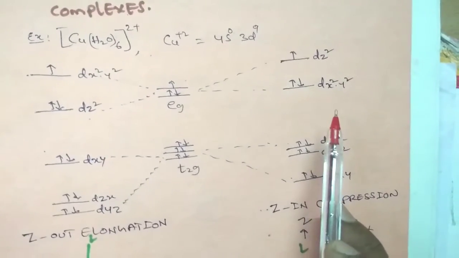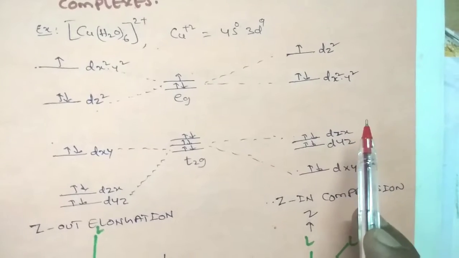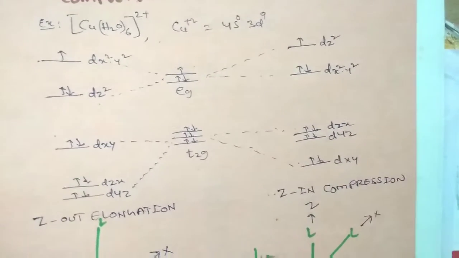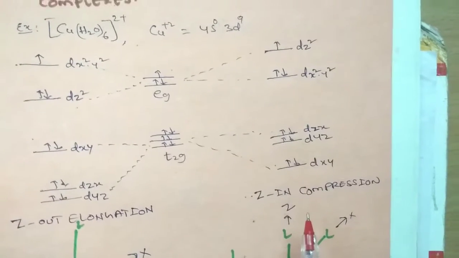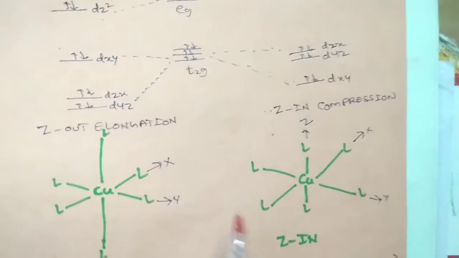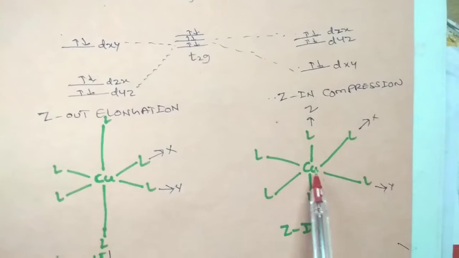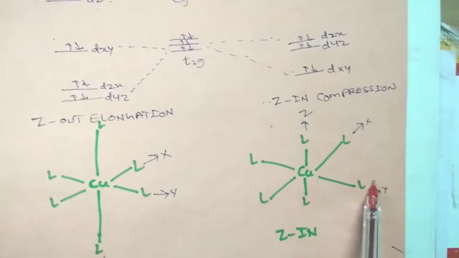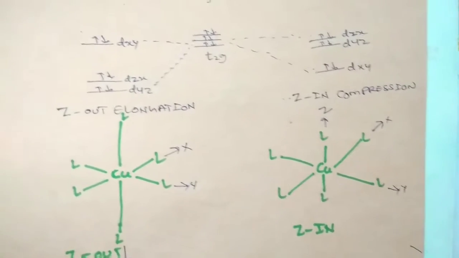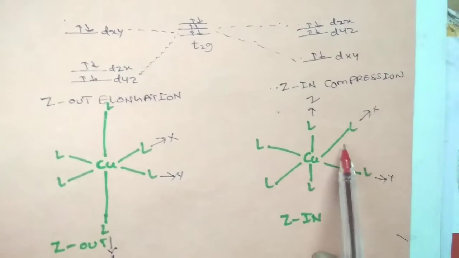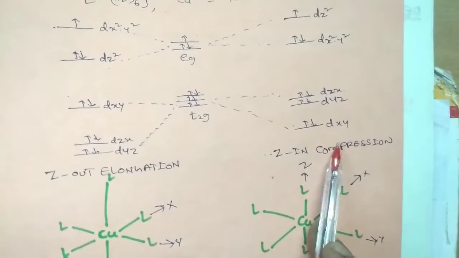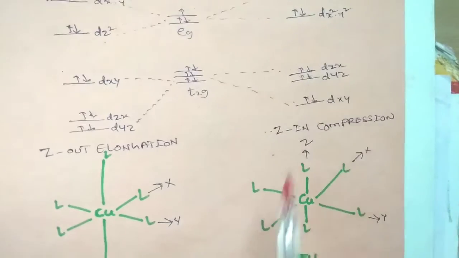The bond lengths between metal and ligand along x and y will be increased, and the bond length along the z axis will be decreased. So look here, the bond lengths of metal and ligand along the x axis and y axis are increased, because in that direction more repulsions are there. When bond length increases, repulsions are reduced. When repulsions are reduced, energy is reduced. That's why the dxy and dx2-y2 orbitals' energy is reduced.